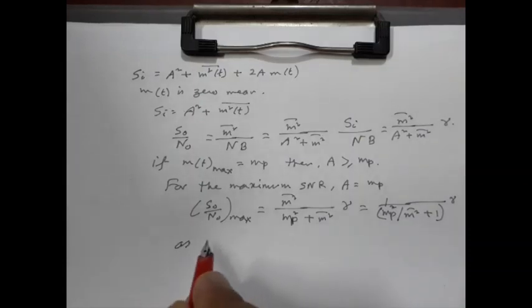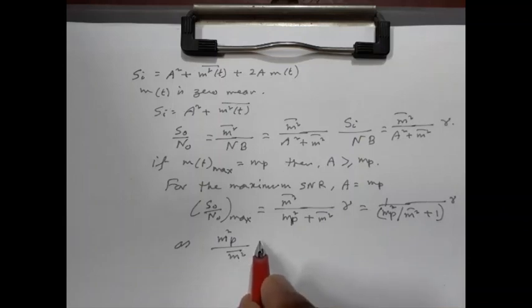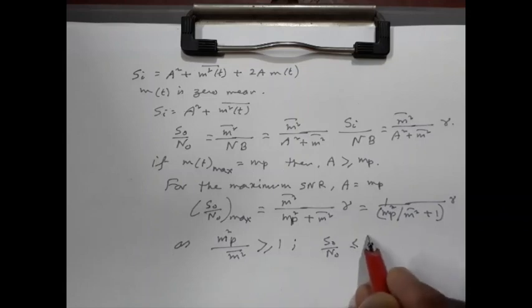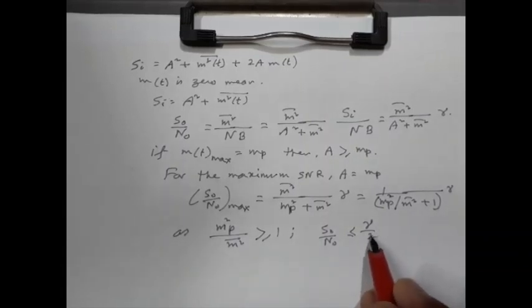Now as mp square by m square bar is always greater than or equal to 0, so S0/N0 will always be less than or equal to gamma by 2. So the maximum value is gamma by 2, and in general it is less than gamma by 2. That means the performance is inferior.